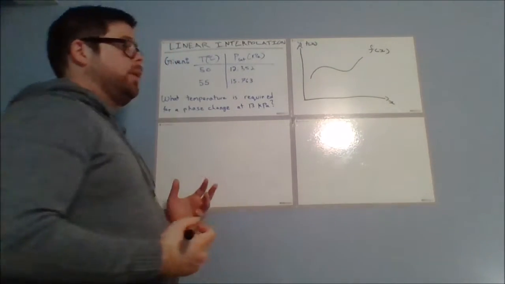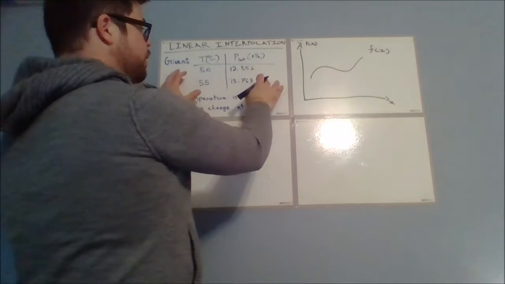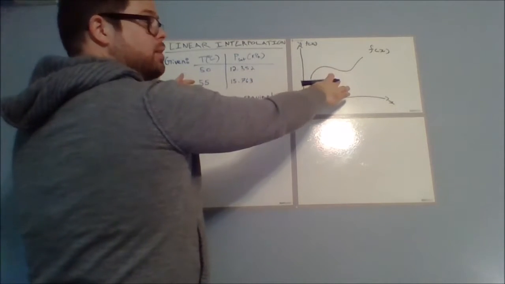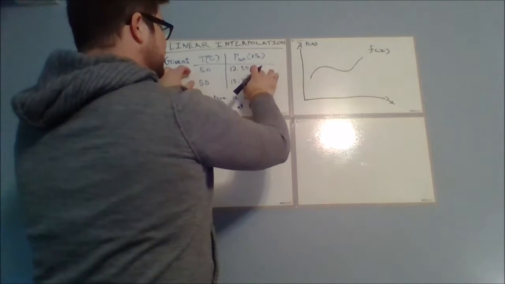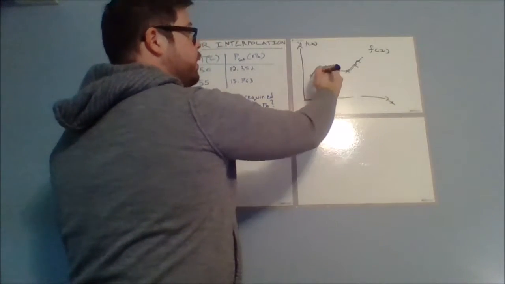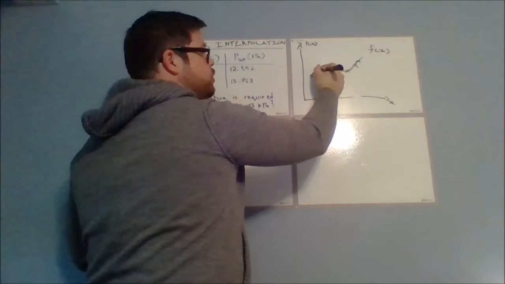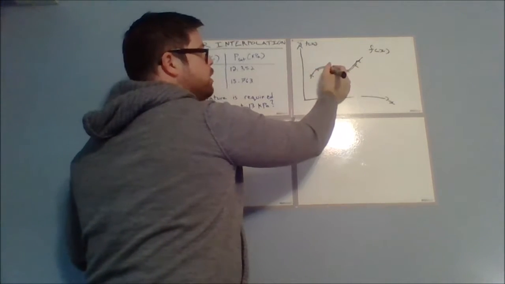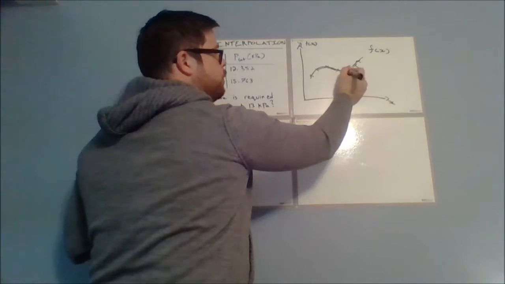So what we're doing is, with the table, we don't know what this function is, but we do know that these points land on this function. So we are assuming between these points we have straight lines as opposed to a curve.